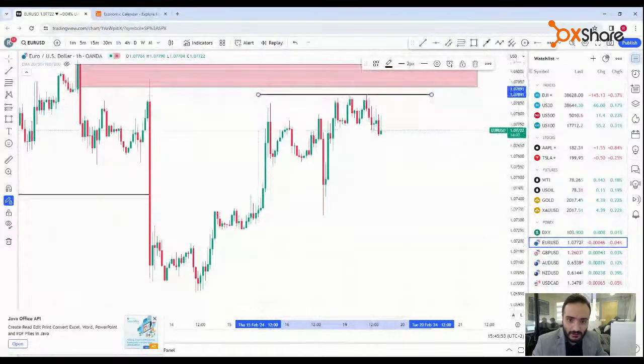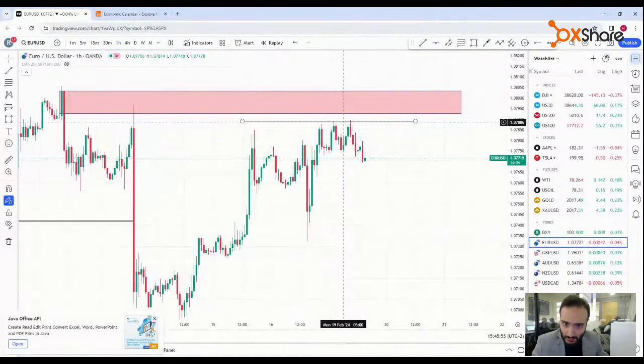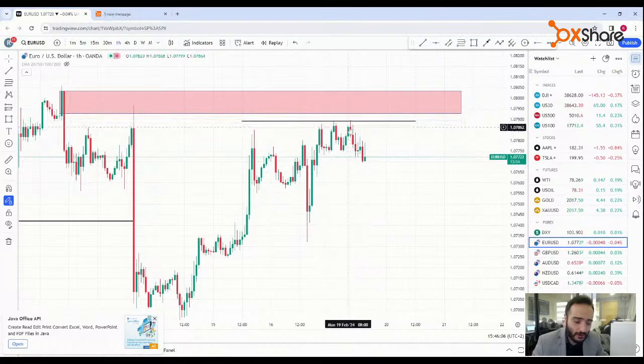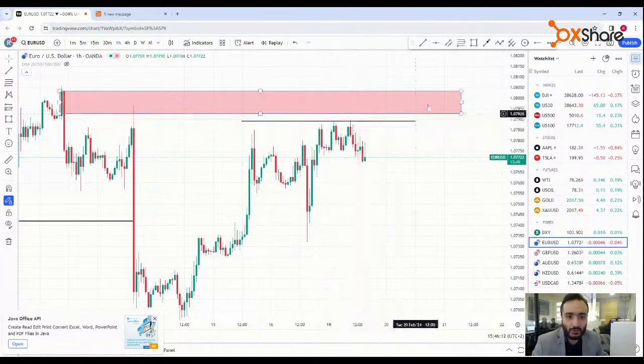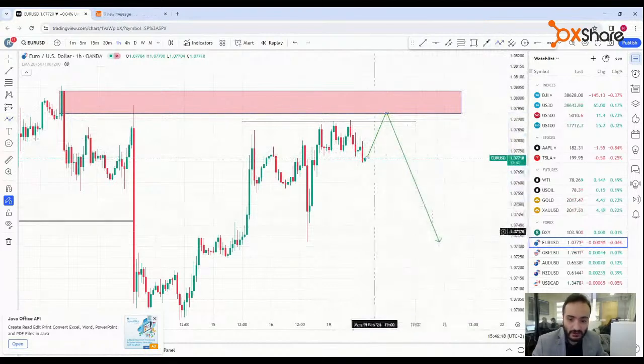These levels over here, same concept. So we've got these levels over here as relative equal highs, double top. So some retail traders shorting these markets at these points are creating the liquidity in the market. So we can expect a move like this, liquidating these traders and then pushing back to the downside.